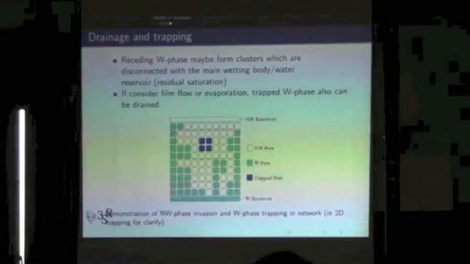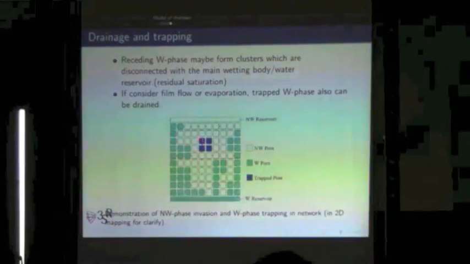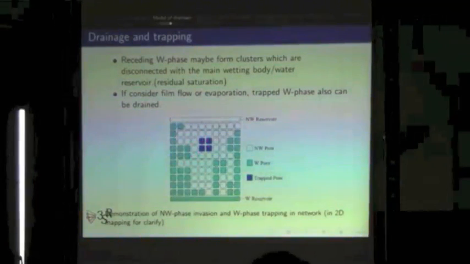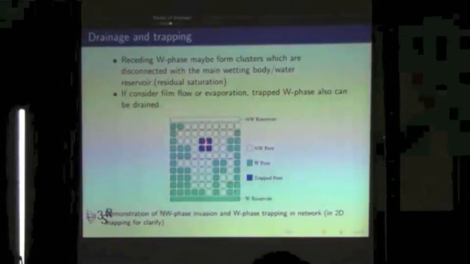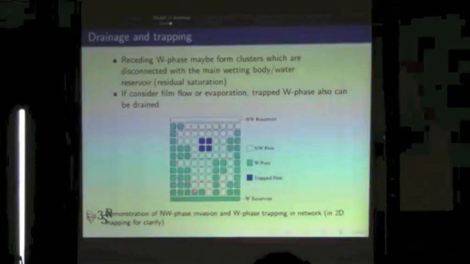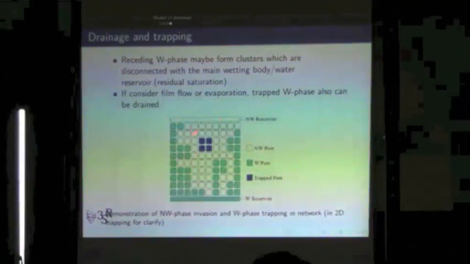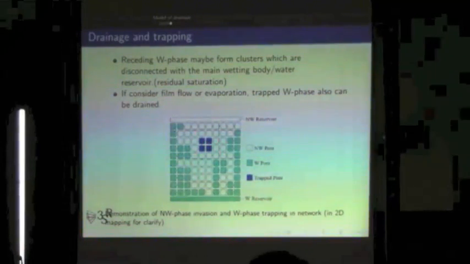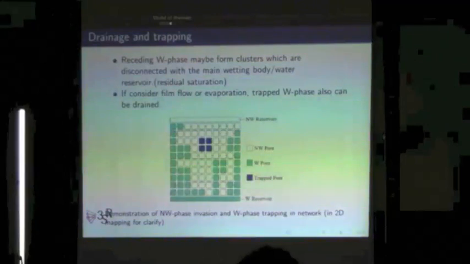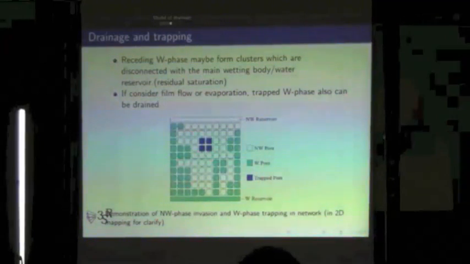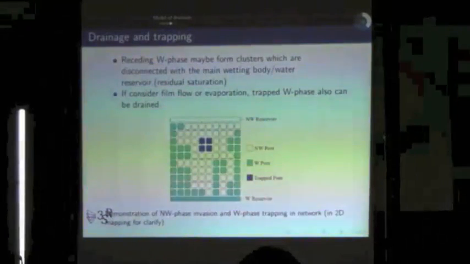In the short term, we assume for these pores the geometry is fixed, the volume is fixed, and the wetting pressure is constant. But in the long term, they can be drained. And at the end, even if we increase the PC, those will still be there. So this is our model.